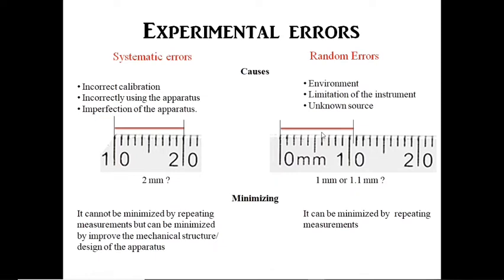And the causes for the random error are environmental limitation of the instrument and unknown sources. You can see that here the rod is between these two divisions, and the least count of this scale is 1.1.